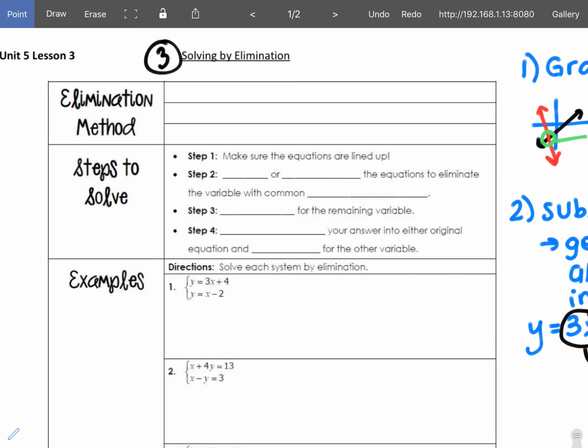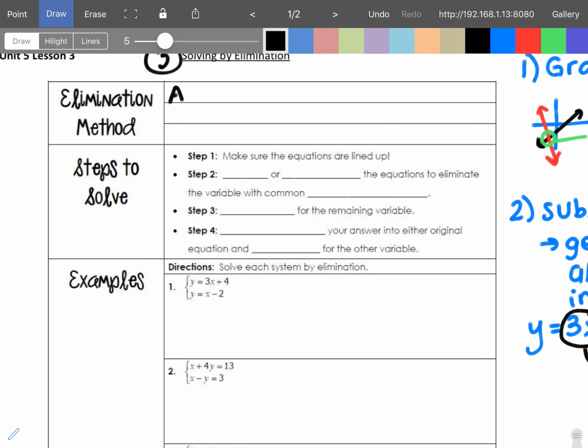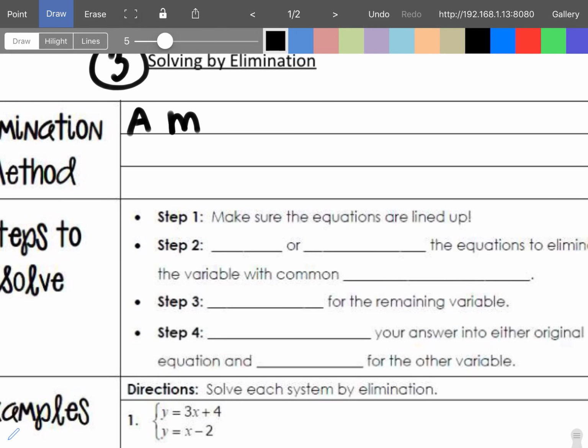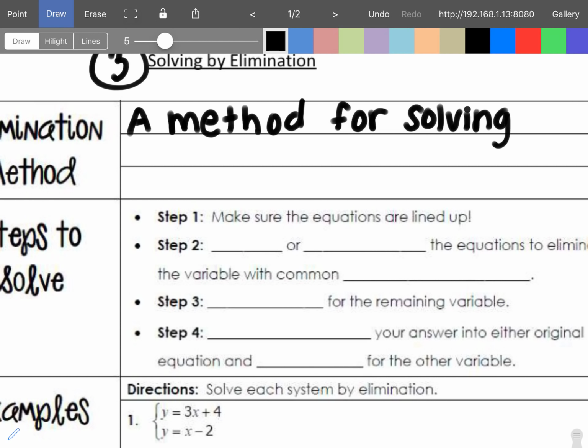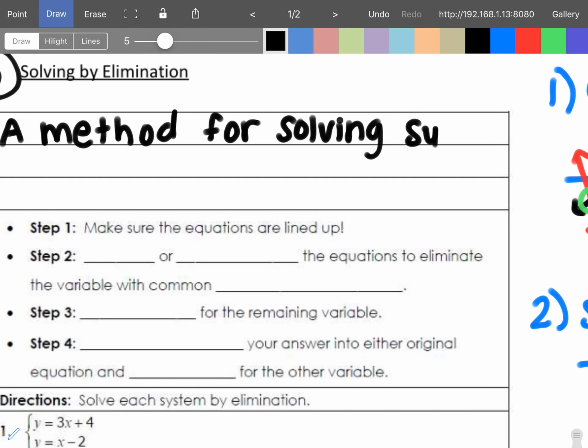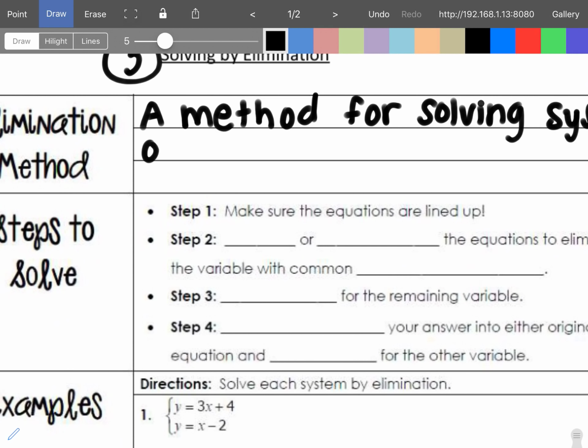So elimination is a method for solving systems of equations by adding or subtracting to eliminate a variable.